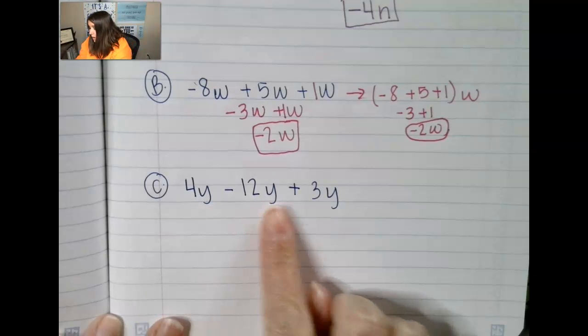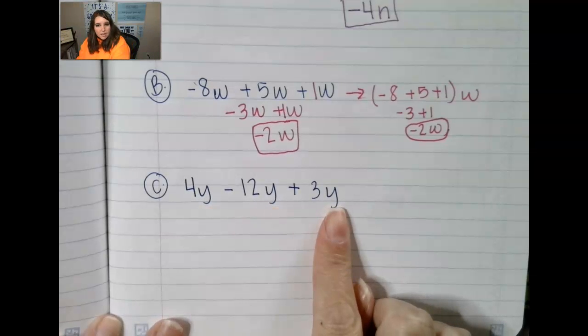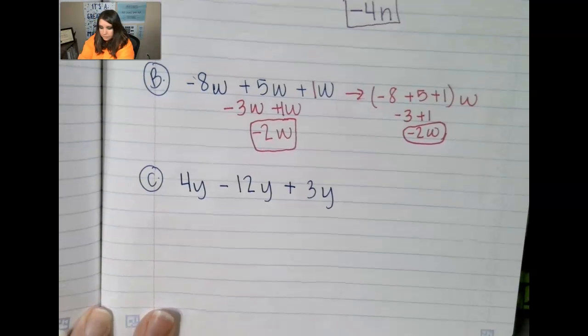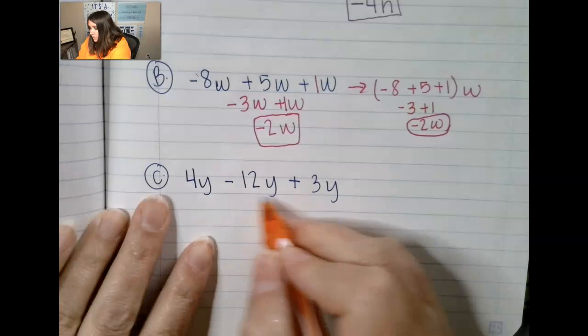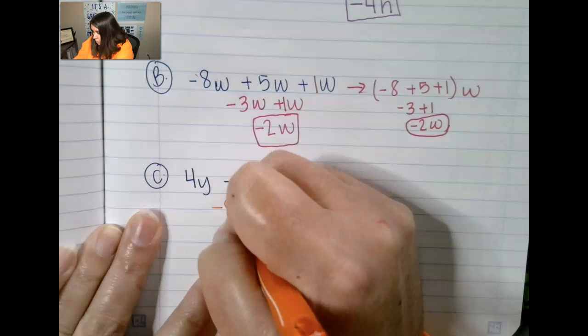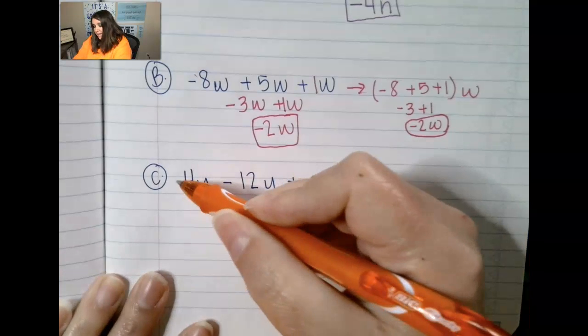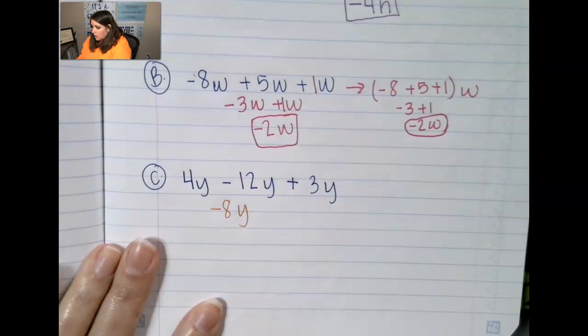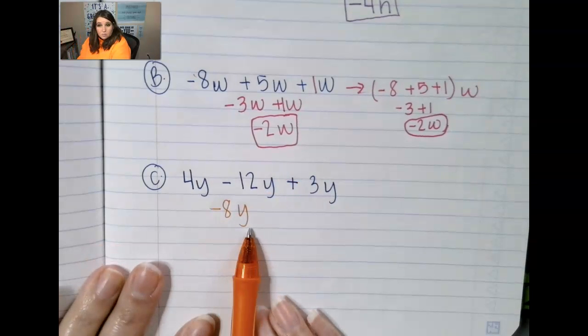They all have y's, so they can all go together. So I'm going to start here in the front. I have 4 minus 12, which gives me negative 8y. It's like saying I had $4, I spent 12, so I owe someone 8 y's.